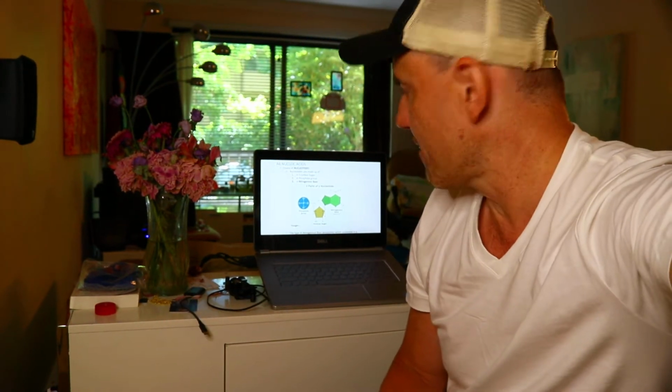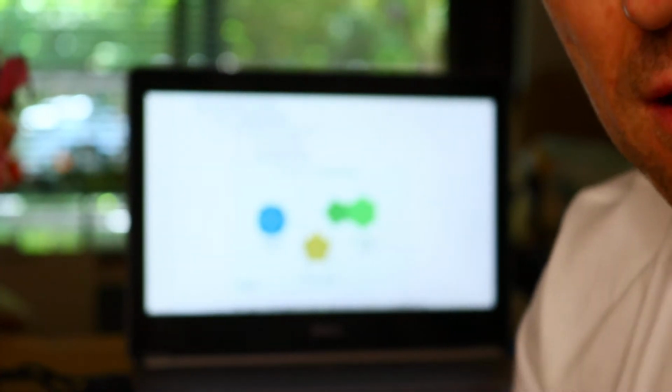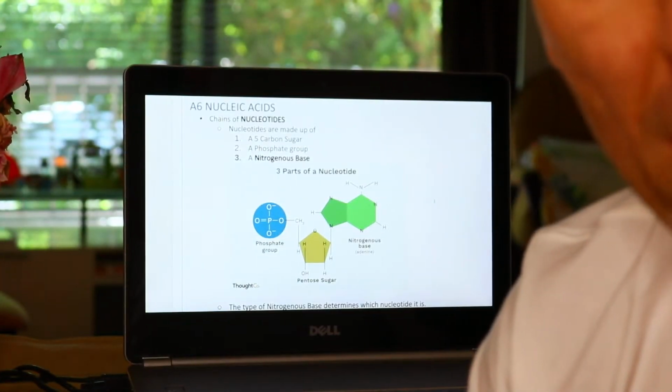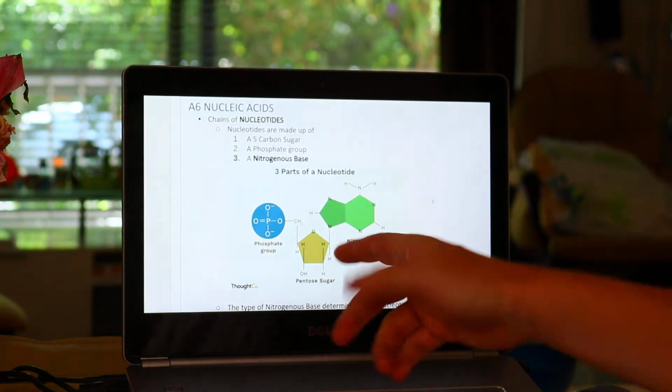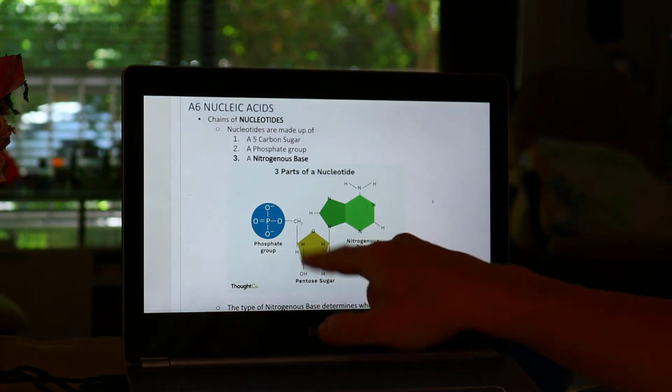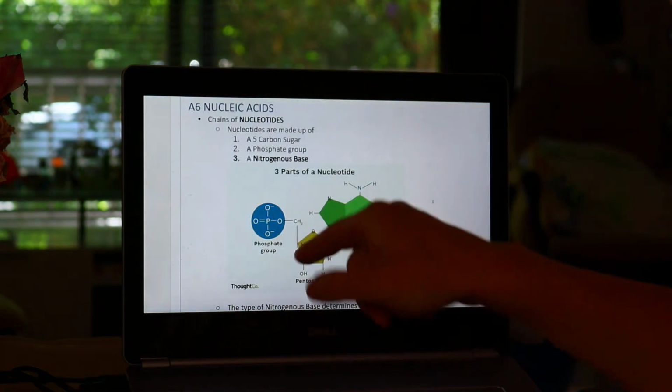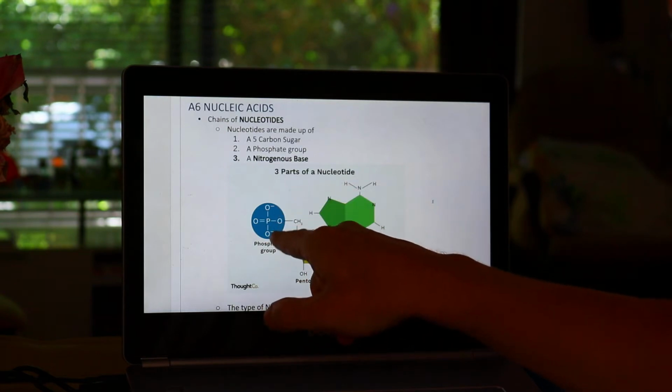So let's look at what a nucleotide looks like. So for both DNA and RNA, you have nucleotides, okay? And the thing that differentiates DNA from RNA nucleotides is the 5-carbon sugar. So a nucleotide is basically composed of a phosphate group.